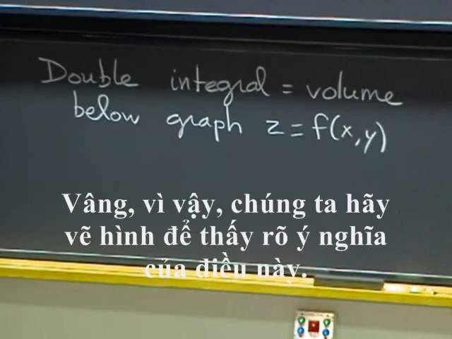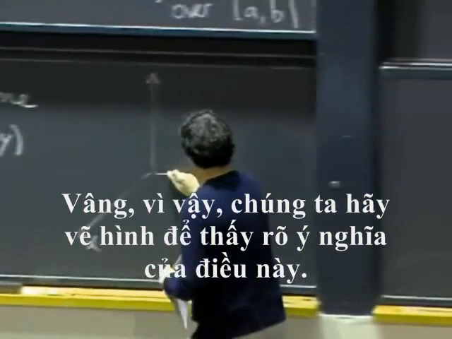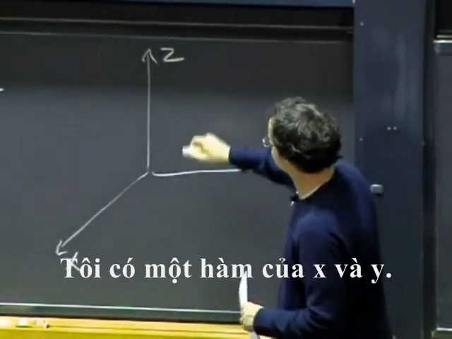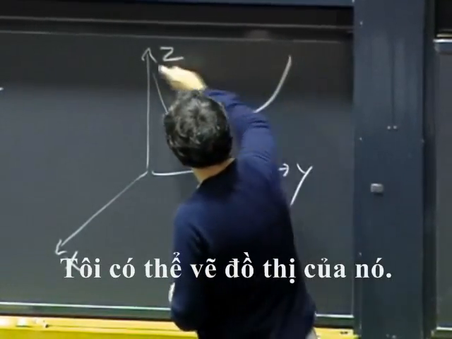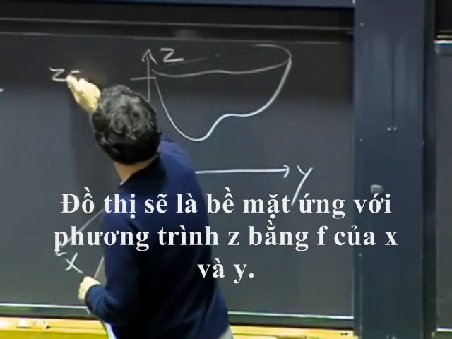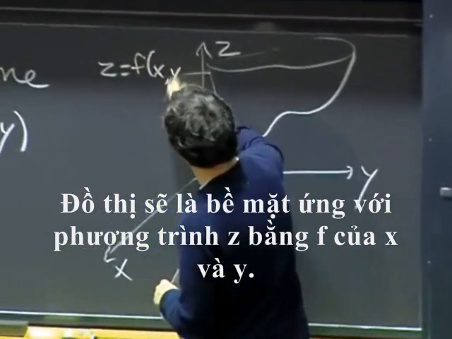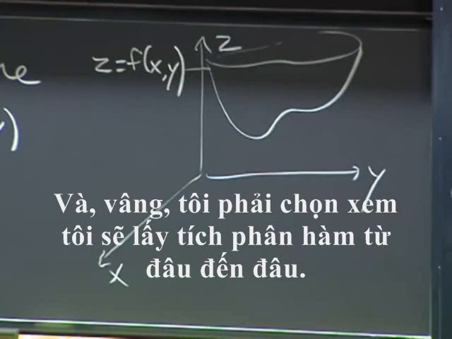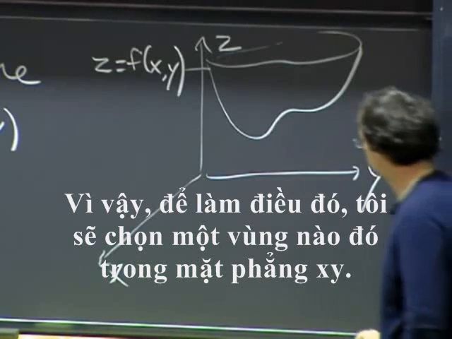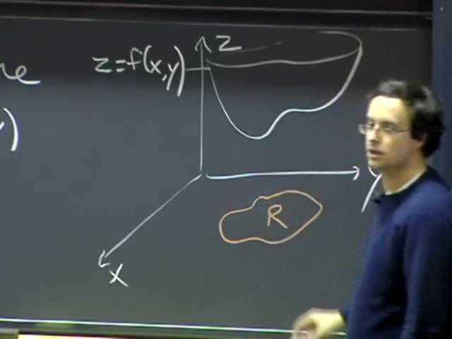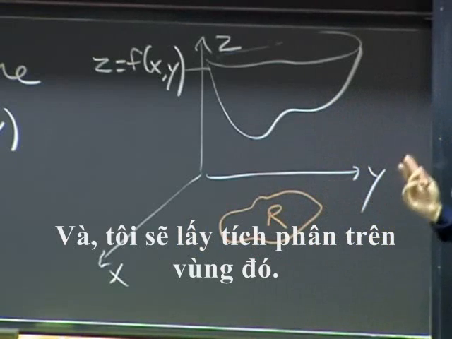Let's draw a picture for what this means. I have a function of x and y. I can draw its graph. The graph will be the surface with equation z equals f of x and y. And I have to decide where I will integrate the function. So I will choose some region in the xy plane, and I will integrate the function on that region.